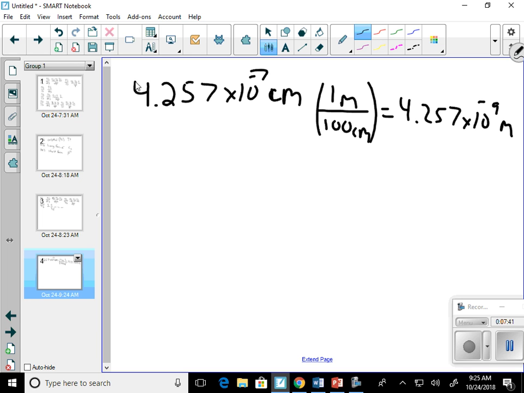Once you have your wavelength in meters, now you can solve for what's new. Tyler, what's new? C over lambda. C is the speed of light, 3.00 times 10 to the 8th meters per second.